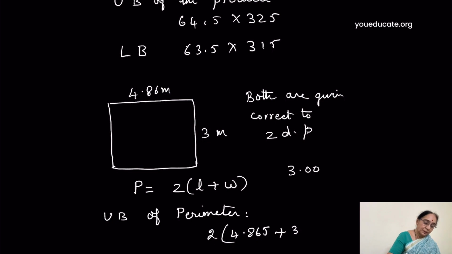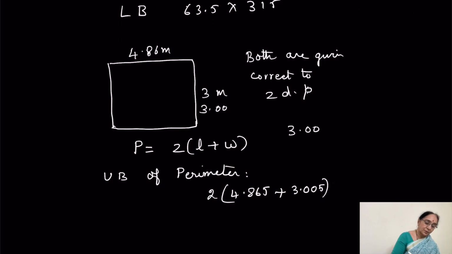So it will be 3.005. Do you get it? It is correct to 2 decimal places, so it is 3.00. Now I have to add half of 0.01, so that will be 0.005. So this is the upper bound of the width. You can calculate this using your calculator.